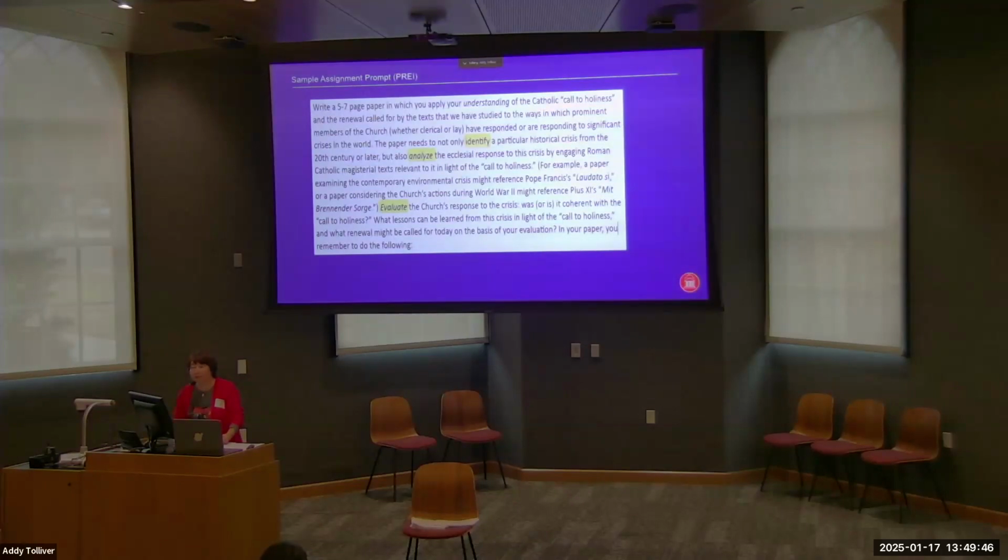And this is just one example, a good assessment prompt for PREI. And if you remember, probably hard to remember because I showed the PREI example and they have 3 supporting skills, okay? And then in this prompt, you can see that I highlighted identify, analyze, evaluate.